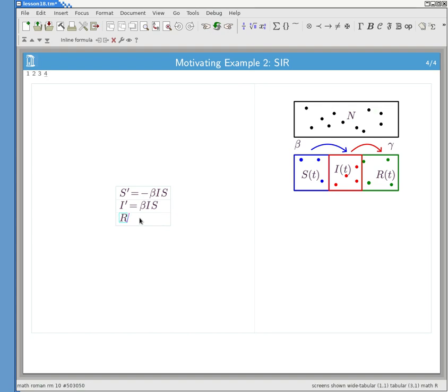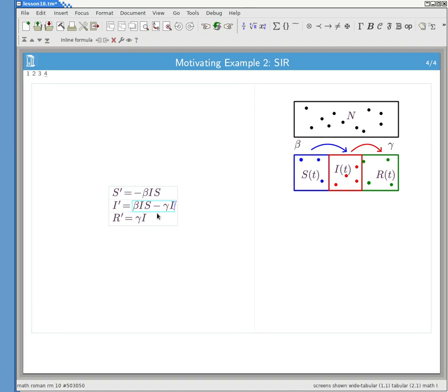From the point of view of the recovered population, what happens is that with some probability, which we will call gamma as we did in the diagram, an infected individual becomes recovered. This leads to an increase in the number of recovered individuals and a consequent decrease in the number of infected individuals. And there we have it.